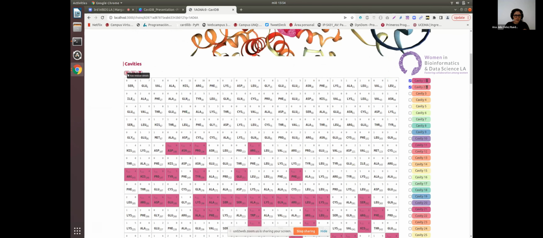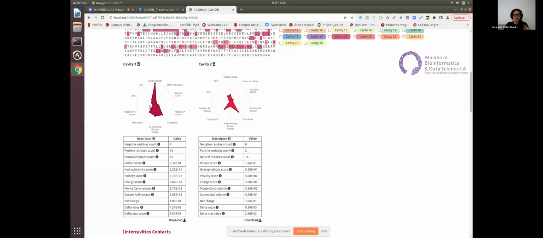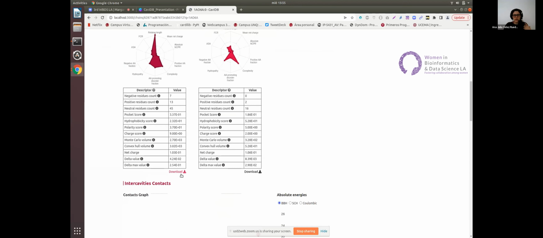Let me show you here in the bottom. You can access also the specific features related with those cavities that you are clicking or highlighting. And those features are sequential and structural features coming from different feature softwares. And you can also download this information by clicking here.